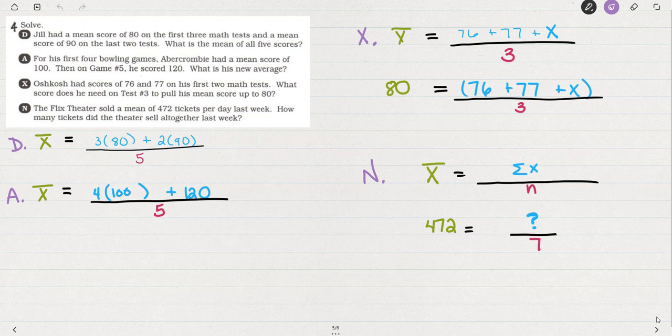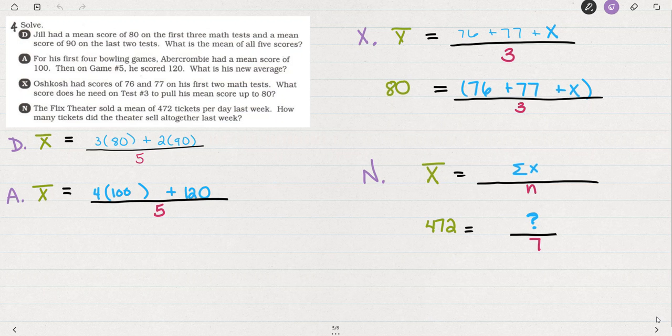I'm going to suggest that if you need more help with problem number 4, that you pause the video and see if you can apply what's written for each of these problems to what you understand about a mean, about an X bar, and see if you're able to finish these 4 problems on your own.